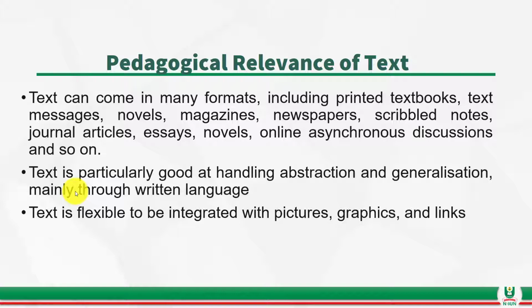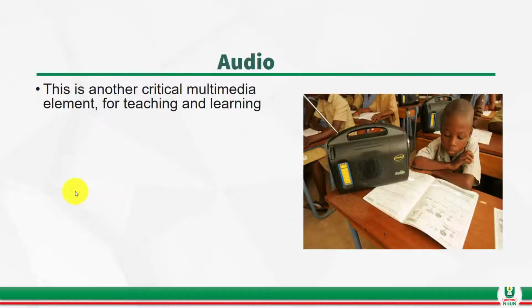In the last class, I showed you a digital textbook, and that digital textbook is embedded with pictures, graphics, and links. So the text has that kind of flexibility to accommodate other critical multimedia elements. And that is what makes it quite useful and still relevant in the teaching learning process, even up to now.